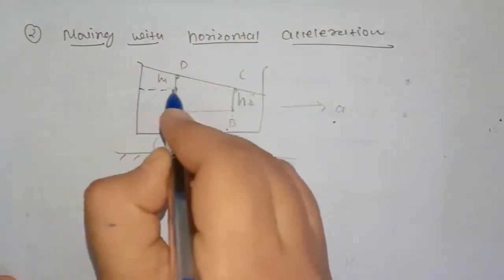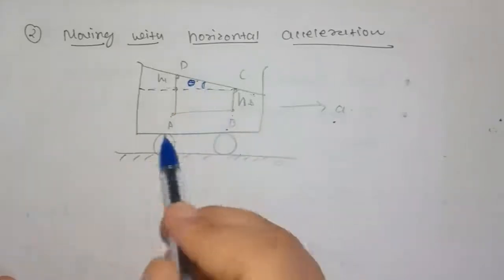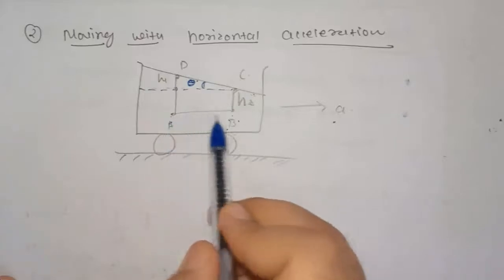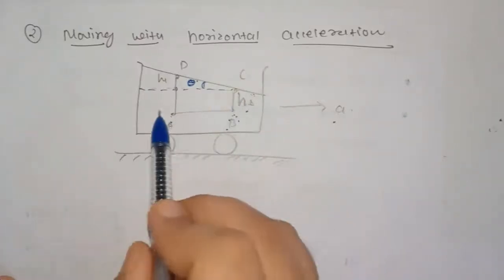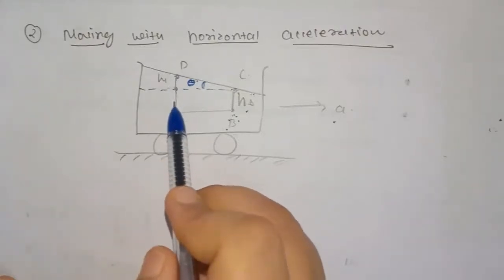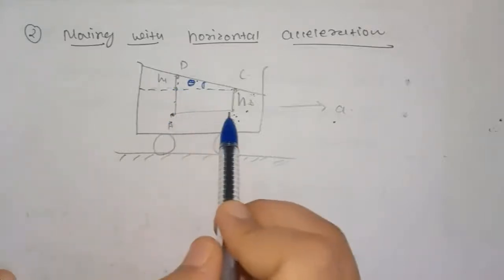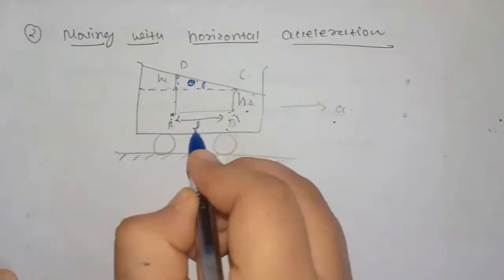Let's say this angle is theta. We are considering 2 points A and B. The height of liquid above point B is h2, and height of liquid above point A will be equal to h2 plus h1. Let's say the horizontal distance between A and B is L.